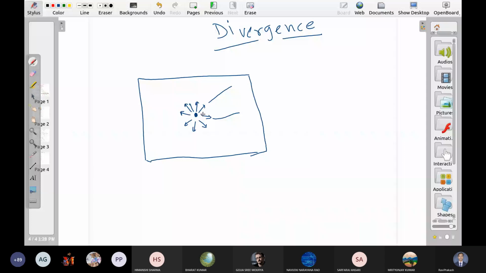Let us focus on a small area here. Whatever water is coming into this area, obviously if there is nothing here, a similar amount of water will go out from this area.